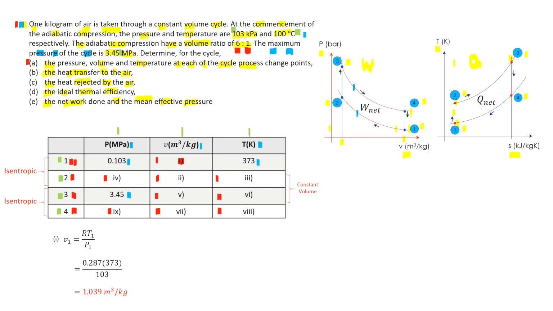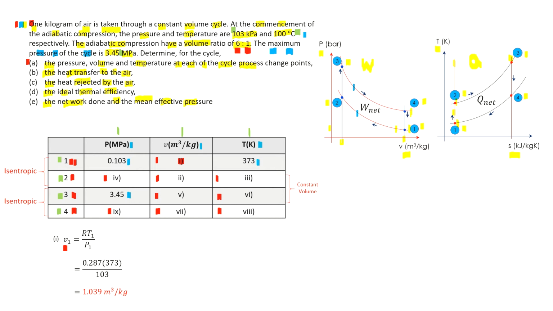Okay, so based on the ideal gas law, PV equals to RT or PV equals to MRT. In this case, you can use both because it's 1 kg. Okay, if it is less than 1 kg or more than 1 kg, definitely you have to use PV equals to MRT.